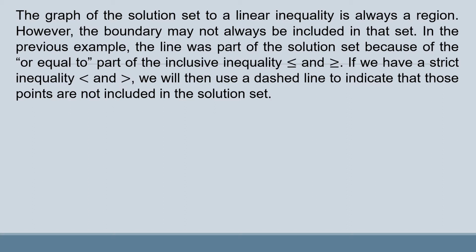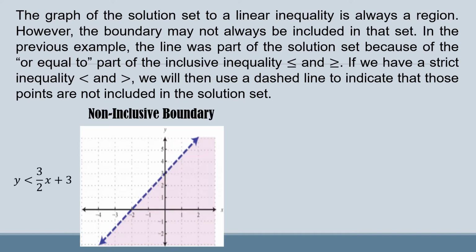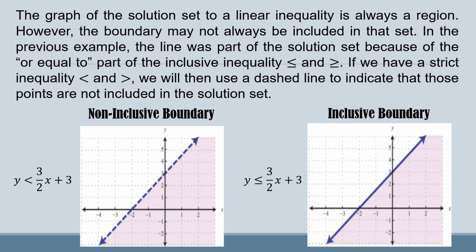If we have a strict inequality, greater than or less than, we will then use a dashed line to indicate that those points are not included in the solution. For a non-inclusive boundary, we have a dotted line, and for an inclusive boundary, we have a bold straight line.